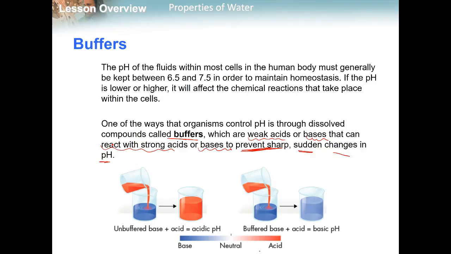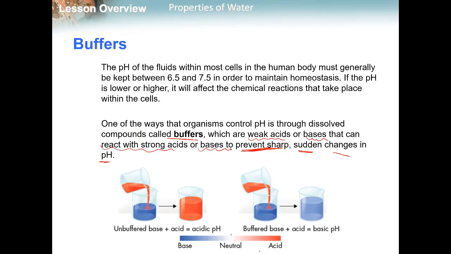So think, okay, if you were taking a bubble bath, and that bubble bath contained a really basic solution to make the bubbles, the soap, and your skin level is acidic, you wouldn't want a sharp, sudden change with your cells because that would cause them to stop functioning properly.